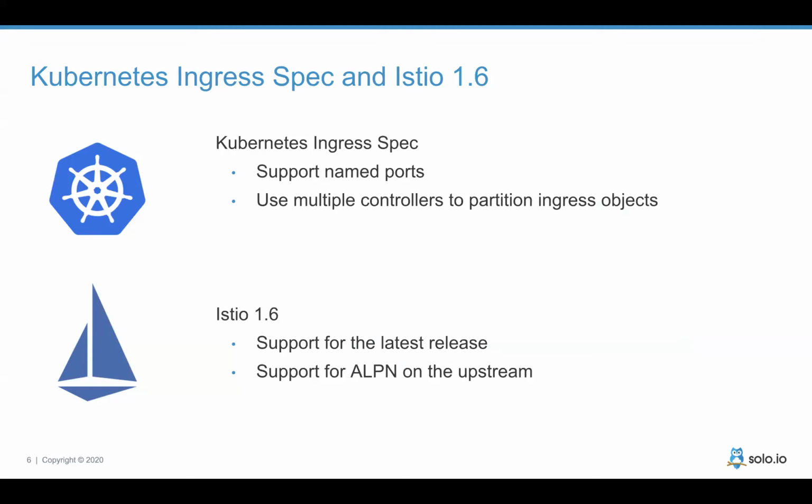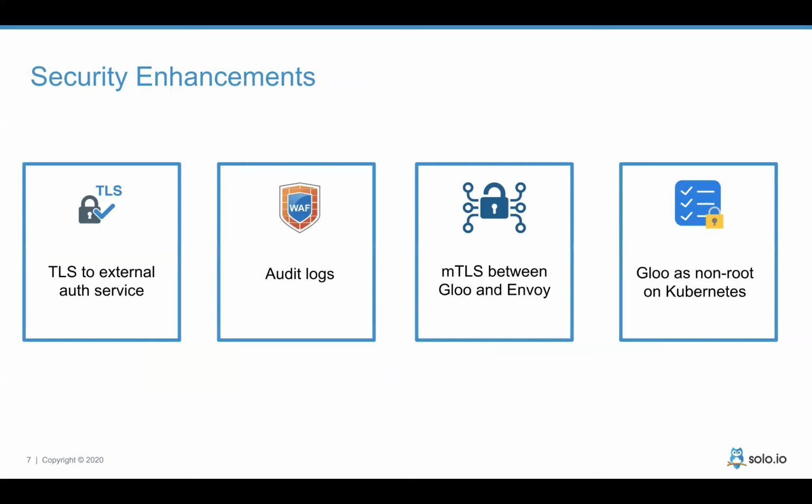I mentioned Ingress, but I just wanted to reemphasize that we've done a lot to make Gloo work more seamlessly with both native Kubernetes objects and service meshes, as we work with the community that's been adopting these as they go. We're going to get to some other security improvements, but it's worth calling out that we've made some enhancements to how things are audit logged.